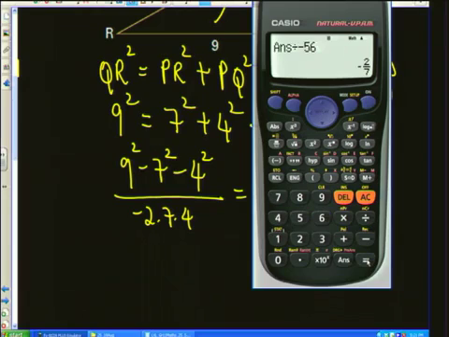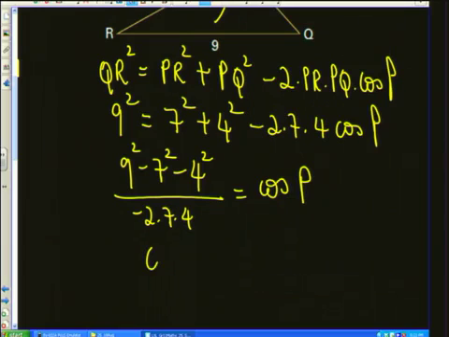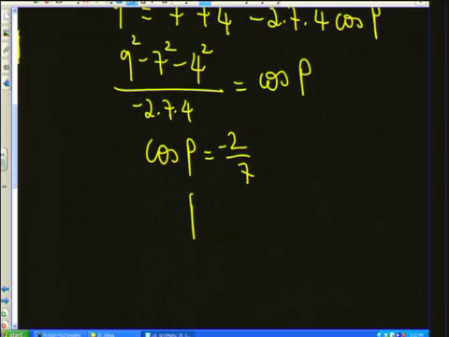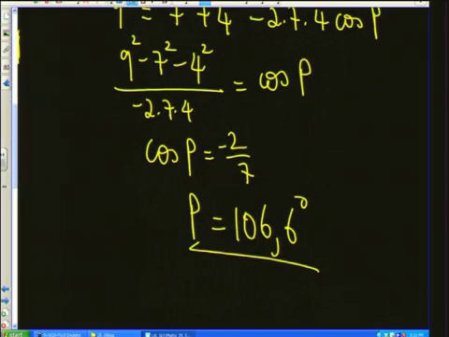And we'd like to know what angle that gives us. 106,6. That's fantastic. So cos P was equal to the ratio negative 2/7, and if you look for the angle, P was 106,6 degrees. Great, so we can find an angle.